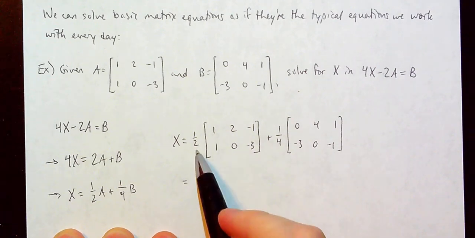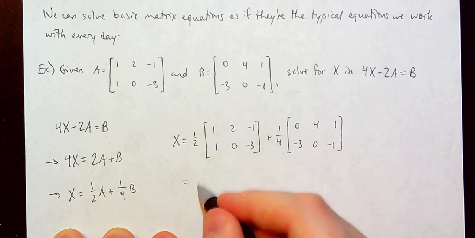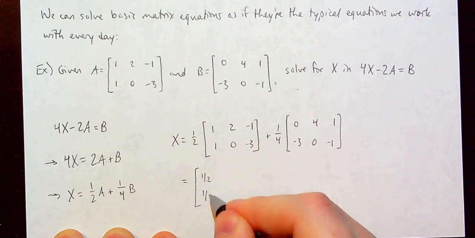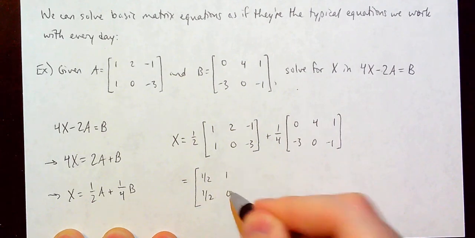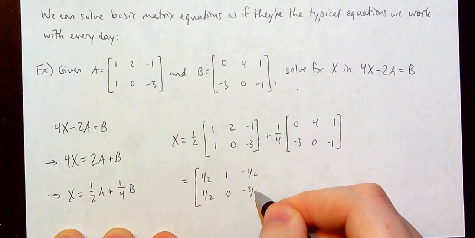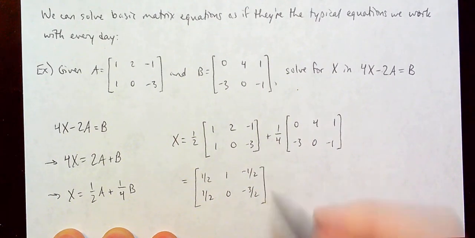All right, take this 1/2, multiply it into each element of this matrix: 1/2, 1, -1/2, 1/2, 0, -3/2.